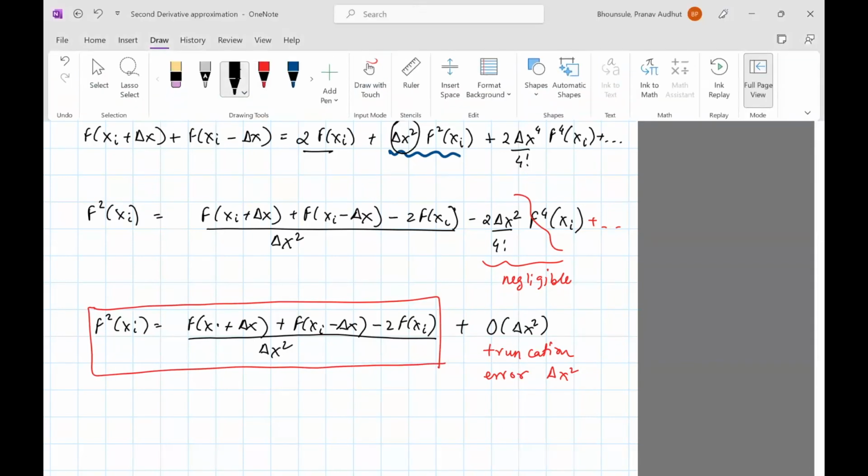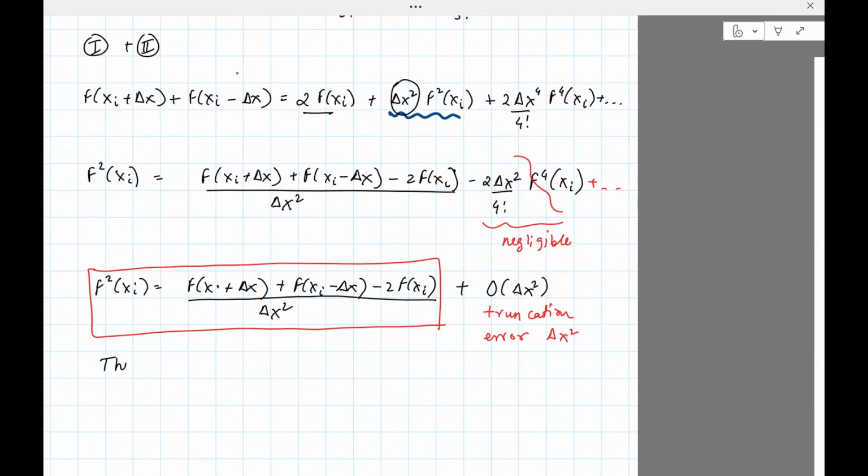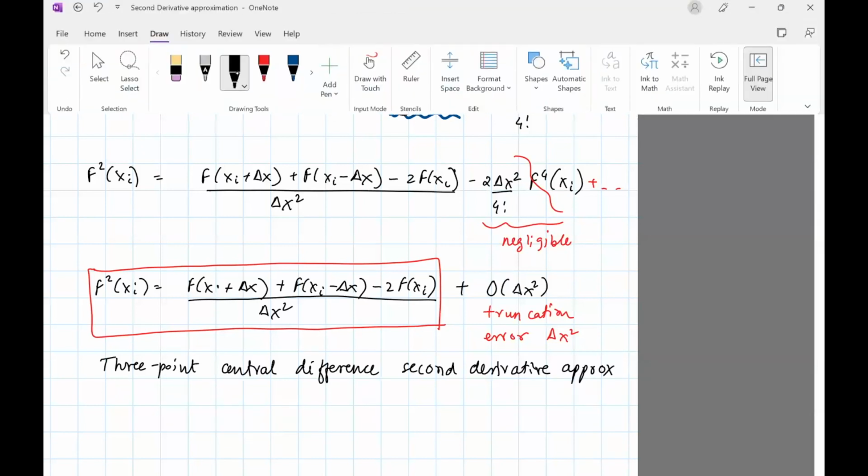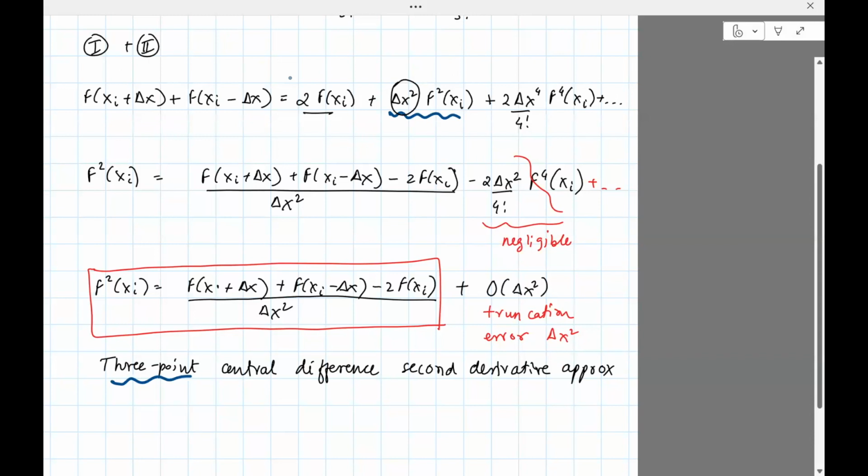This formula is also known as a 3-point central difference second derivative approximation. It's called 3-point because you use 3 points: f of xi plus delta x, f of xi minus delta x, and f of xi.